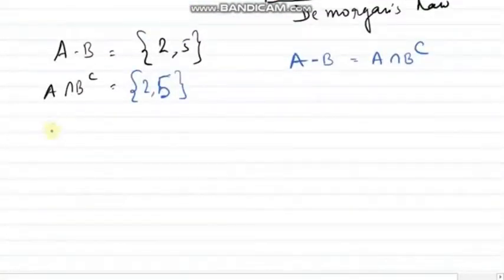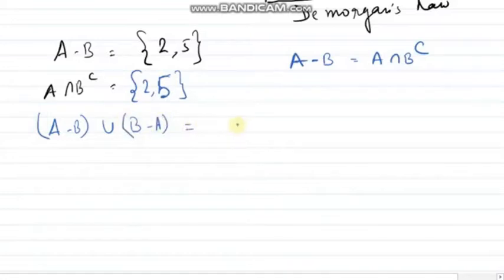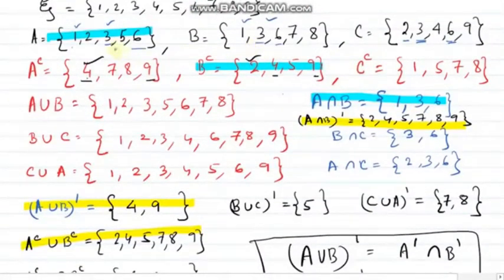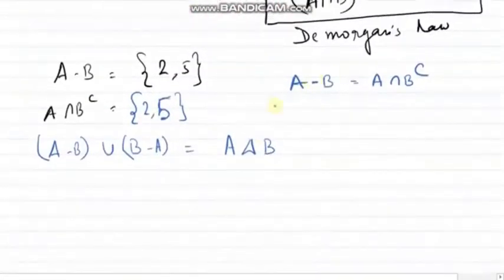Now one more we will discuss, that is A minus B union B minus A. That is known as A symmetric B, the symmetric difference. A minus B we already got, but what is B minus A? Just check, in A and B we have 1, 3, 6 common. So B minus A will be 7 comma 8.